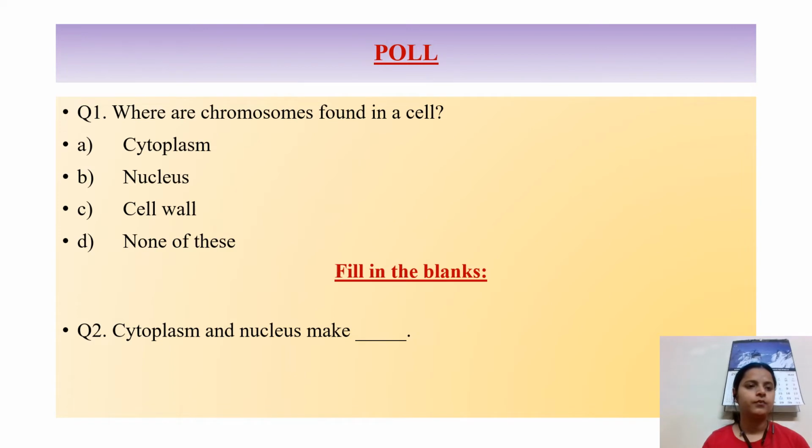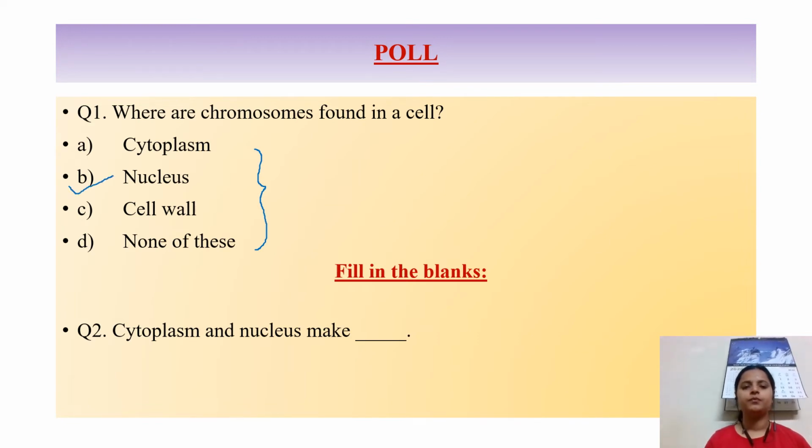Option A is cytoplasm, option B nucleus, option C cell wall, and option D none of these. So tell me, where are chromosomes found in a cell? Yes, you are right. The answer is nucleus.